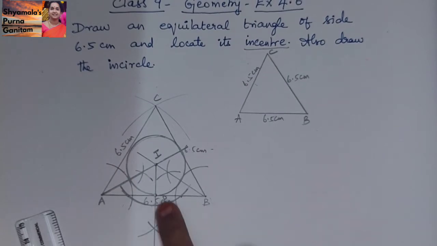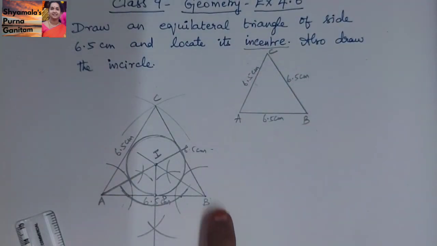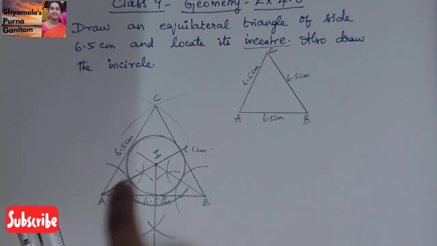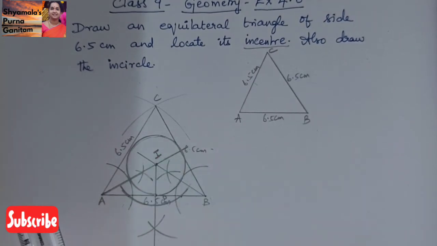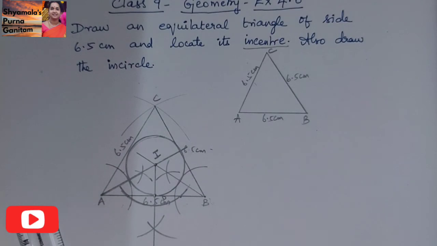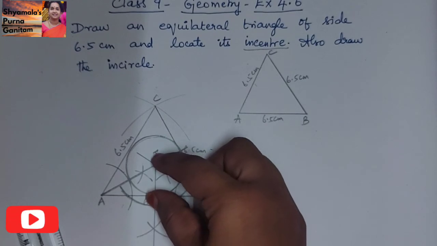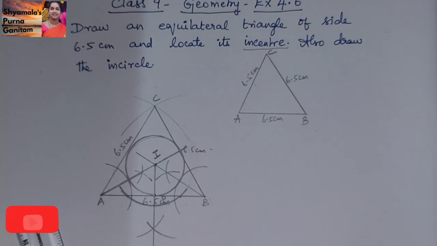So we are asked to draw the incircle. First I have constructed a triangle with the given measurement. Then I have constructed angle bisectors for any two angles, for A and B. The point where the angle bisectors meet is I. Then I have drawn a perpendicular to know the radius of the circle that I have to draw for the incircle, and I am marking that foot as D. Then with ID as radius, I am constructing a circle inside the triangle.